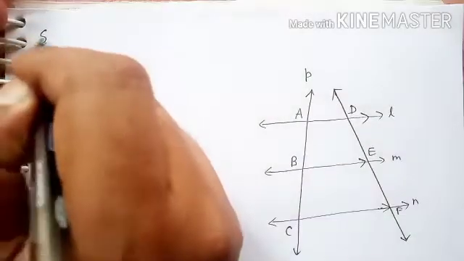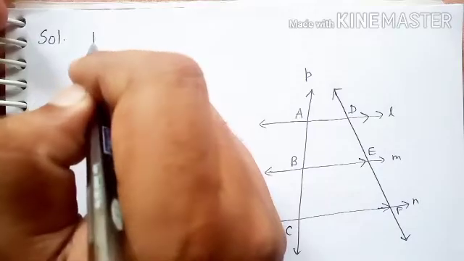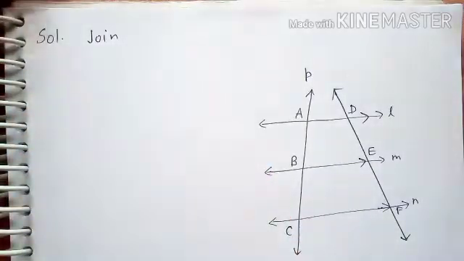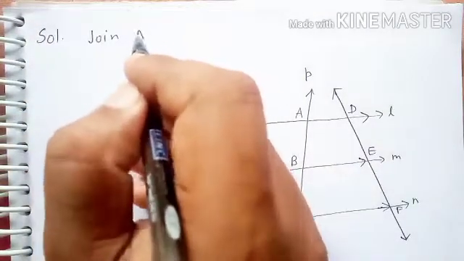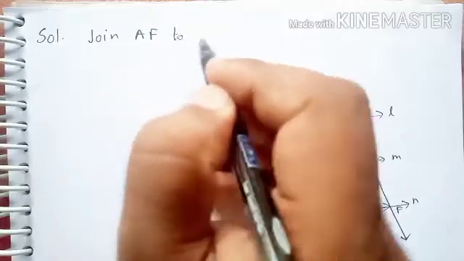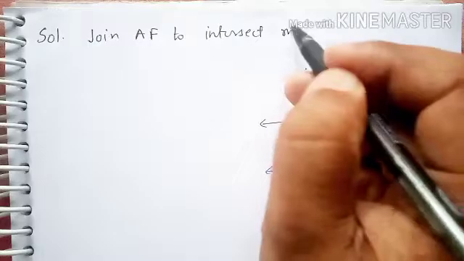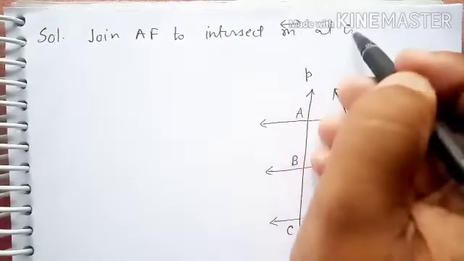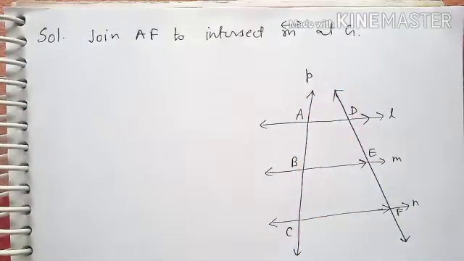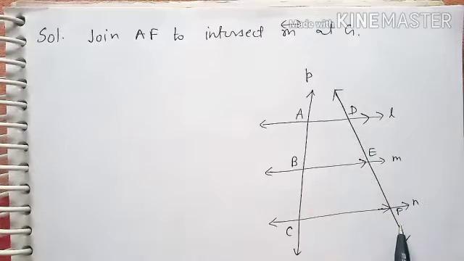Now solution. Join AF to intersect M at G. See student, here we have to prove E is the midpoint of DF.